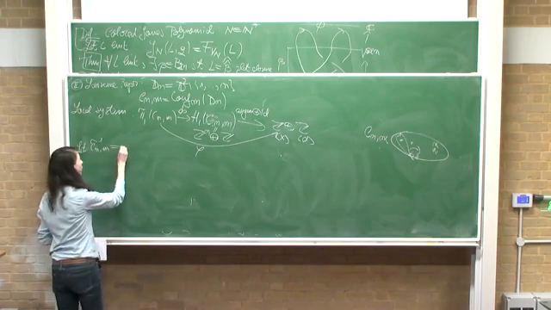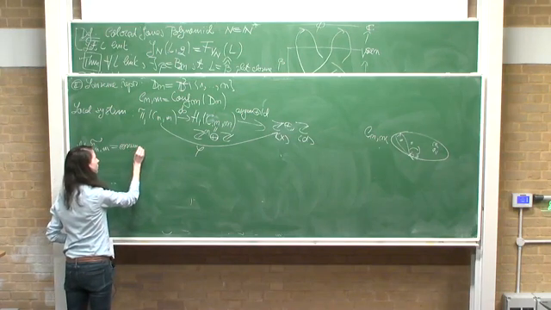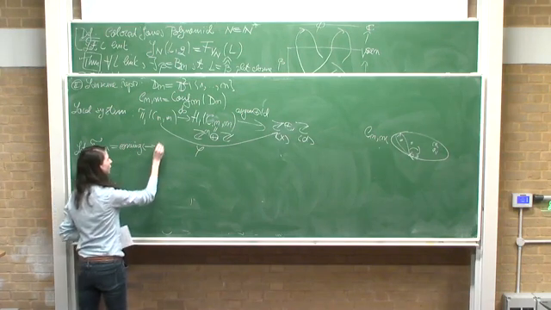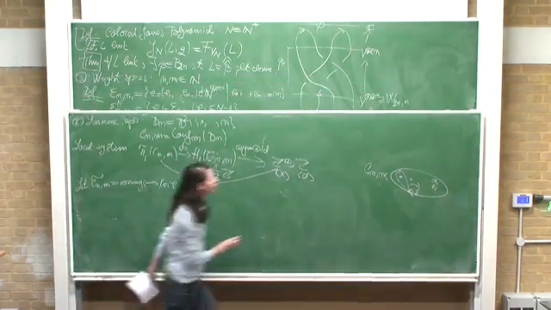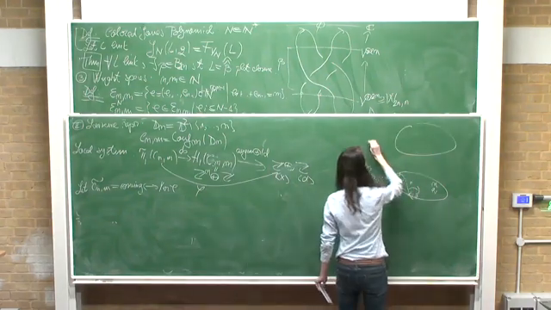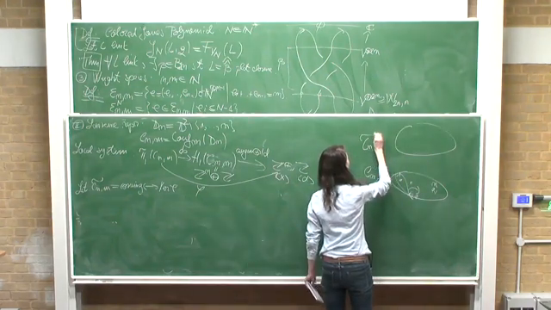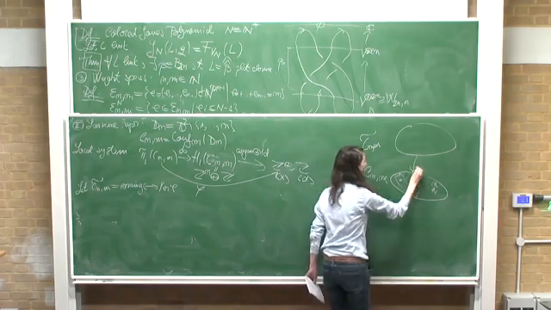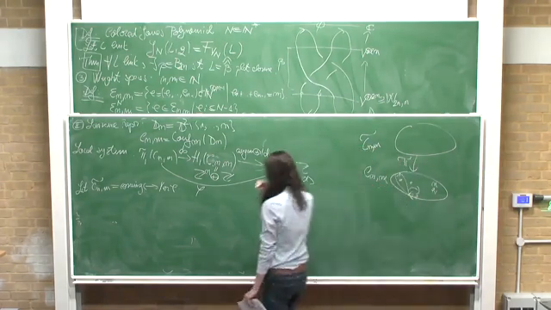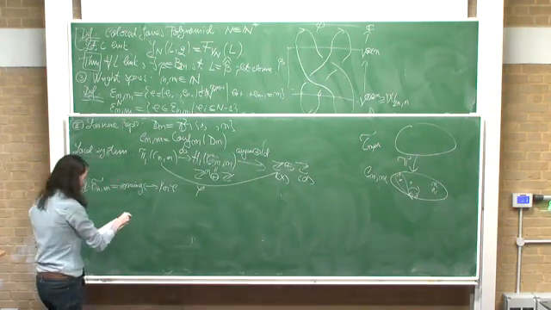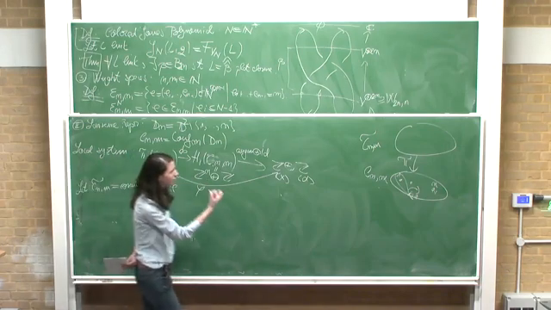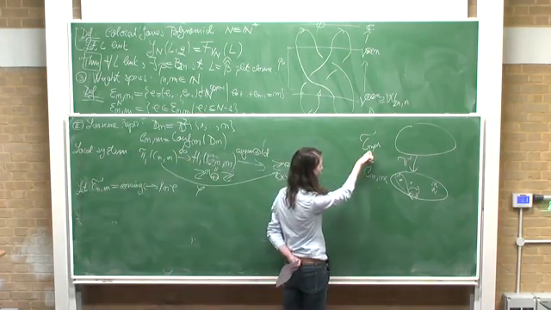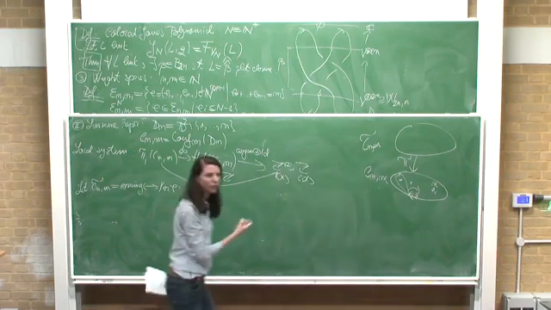Let's take the covering corresponding to the kernel of phi, and here the projection. And now the Lawrence representation will live inside the Borel-Moore homology of the covering.